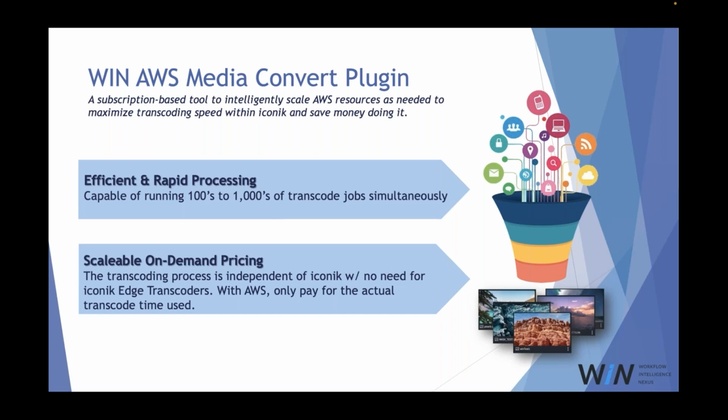And so when you look at the total monthly cost, if you're only doing 4 jobs at once, and that's going to get you through, which works for a lot of people, you basically come out to around $1,440 a month, covering your Iconic cost and the AWS cost, and that's pretty good.